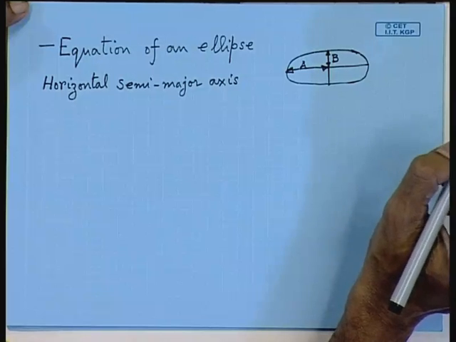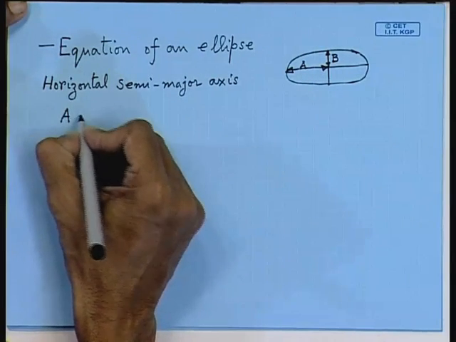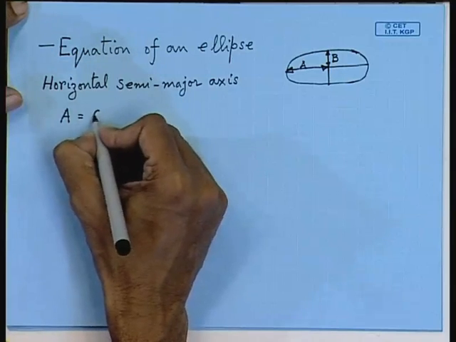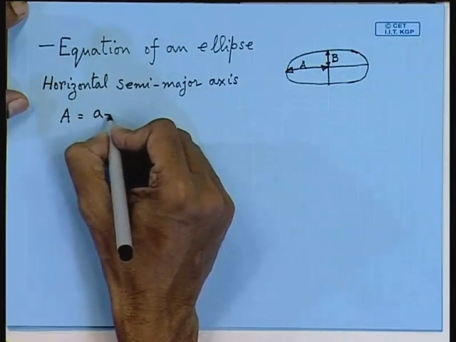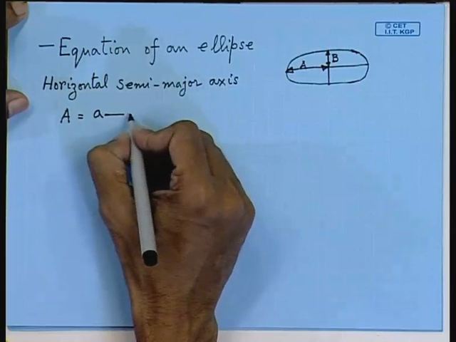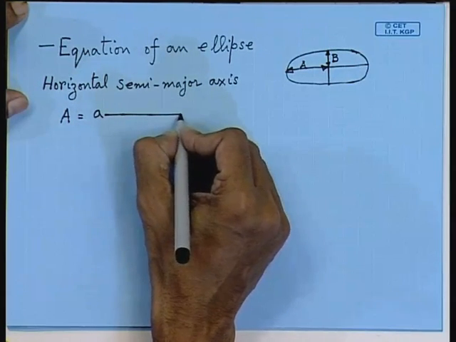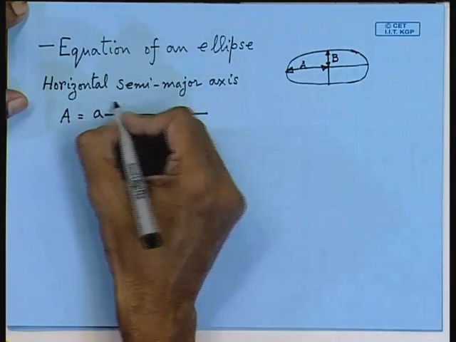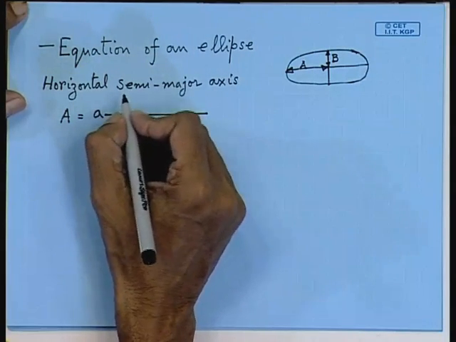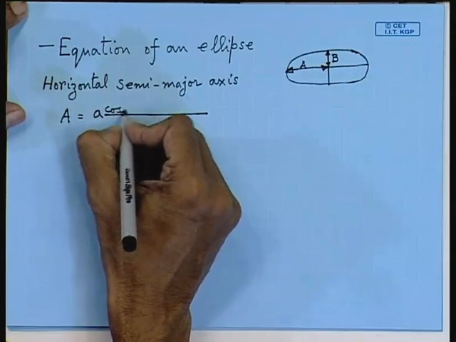So, what is the value of A? A is small a. What is small a? You remember what is small a? If you do not remember, you just look up the equation for eta, the surface elevation.